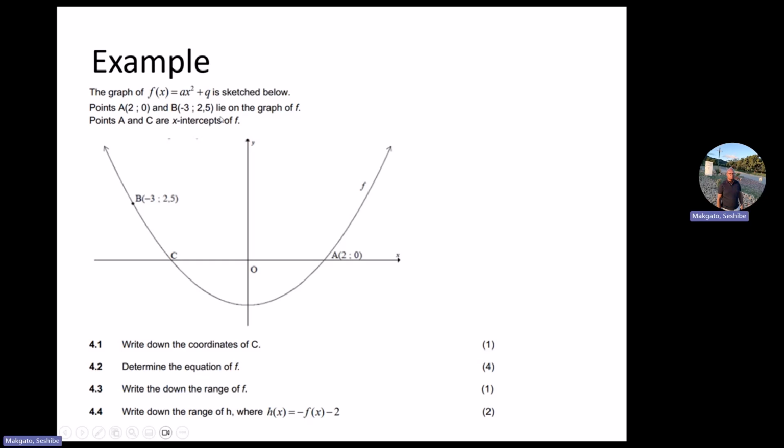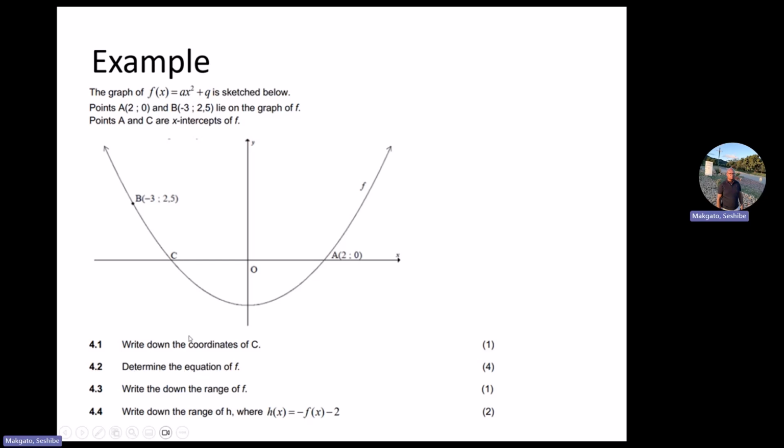If you were to plot this, and you solve this normally with the difference between two squares, you can get the coordinates of A, which is (2, 0), and then the coordinates of C will be (-2, 0).